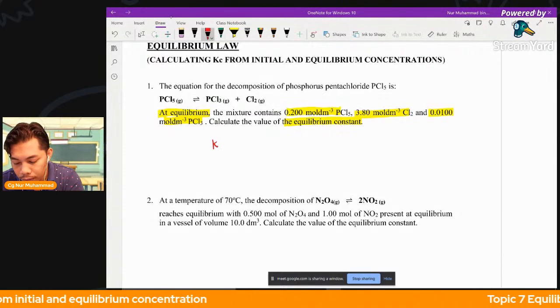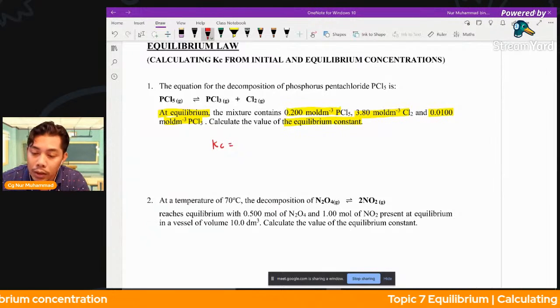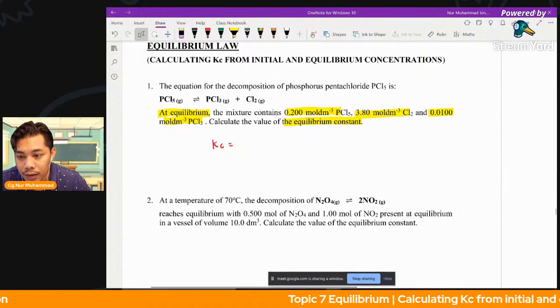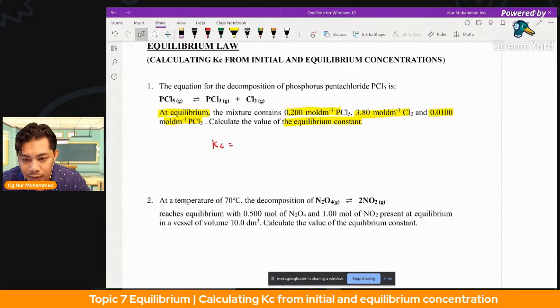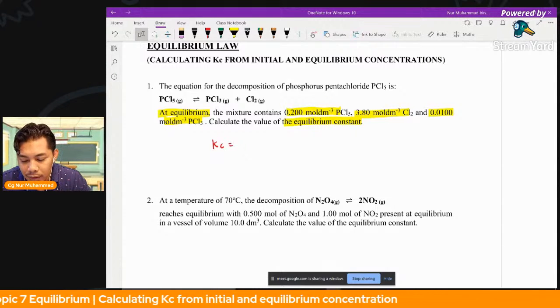So Kc equal to, saya nak tanya siapa? Elijah, apa formula dia? What is the Kc equation here?